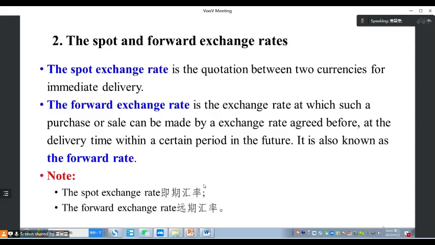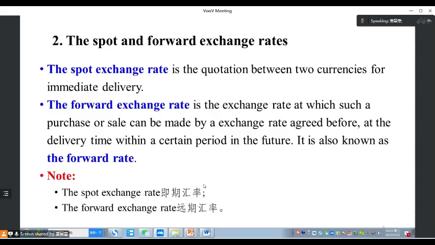Or in other words, we can say the two currencies' exchange rate price can be certified today, and the price certified today will be used in the future on the two currencies' delivery.